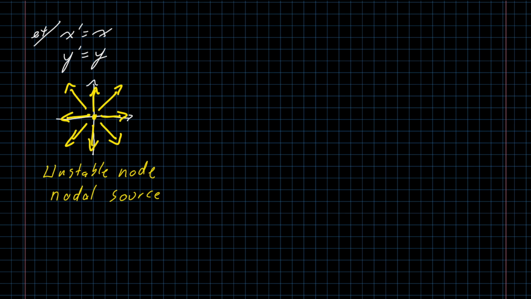Flipping this around just a little bit, if I've got x prime is the opposite of x and y prime is the opposite of y, well, once again, we have our equilibrium point at 0, 0.